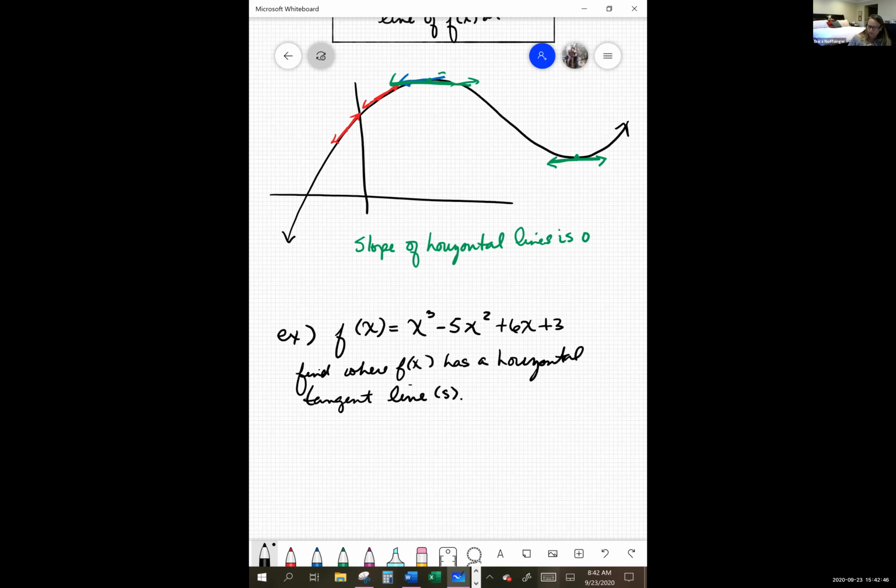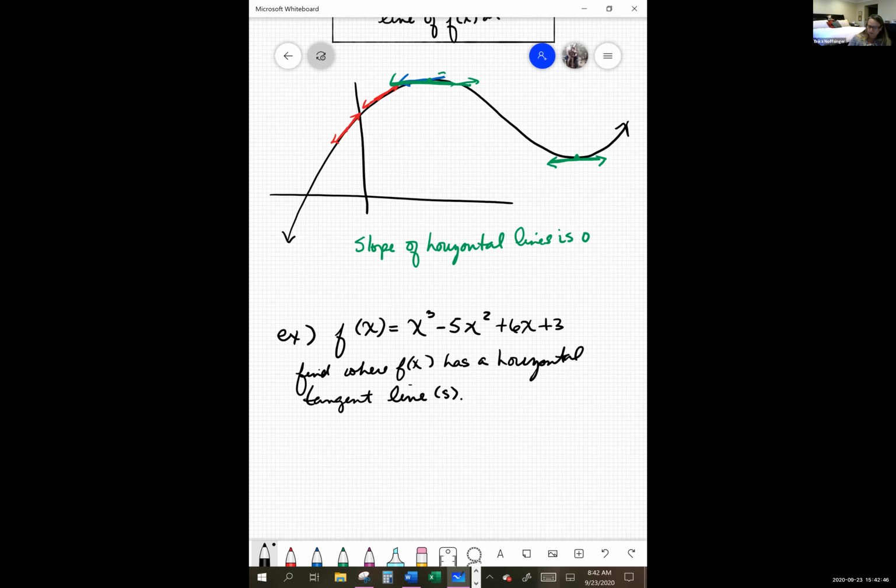So this one isn't too bad to take the derivative. We're just going to use the general power rule, bring our power down front. So for x cubed, bringing the power down, we have 3x, subtract 1 from the power, it's a square. Minus 5, derivative of x squared, bring the power down front, 10x. Plus the derivative of 6x is just 6.